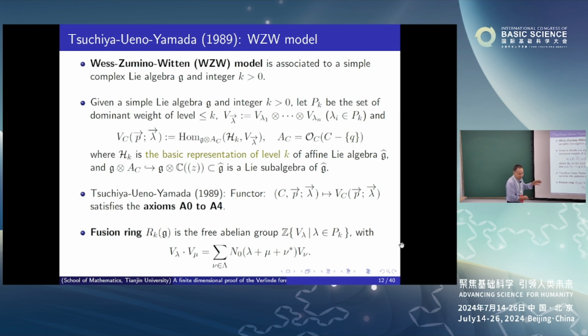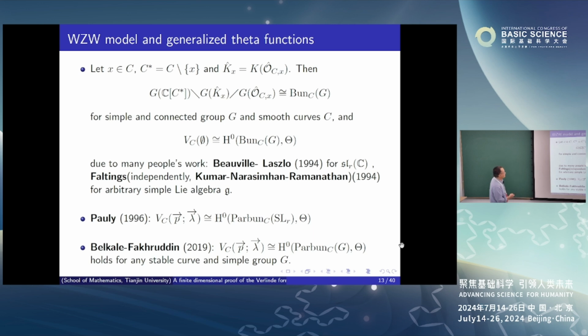This is the so-called Verlinde formula. It was conjectured by Verlinde. It's not really proven, but it's a conjecture. So why is this example related to algebraic geometry? It's because of what is well known, called a double quotient.